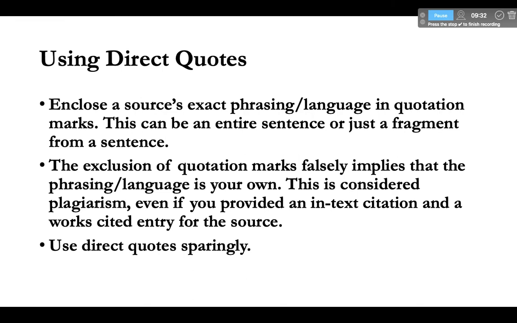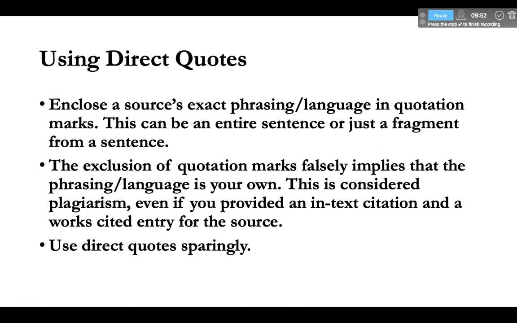And then this last point here, use direct quotes sparingly, doesn't mean reference your sources sparingly. That means have a nice balance between direct quotes, paraphrases, and summaries. Your paper should not be just a bunch of quotes from your sources.